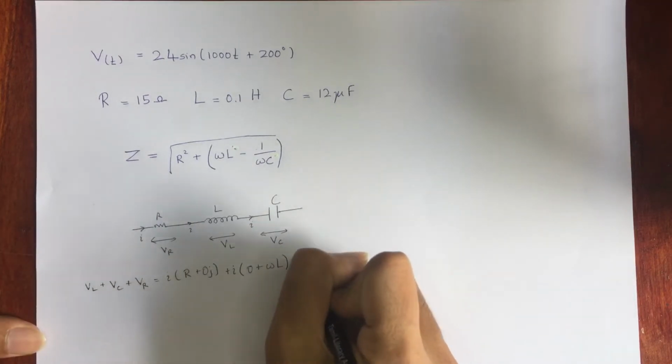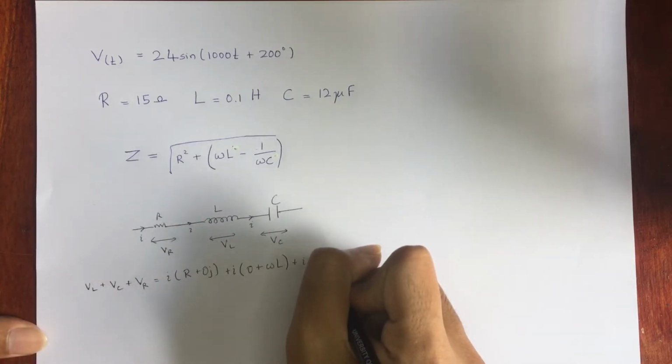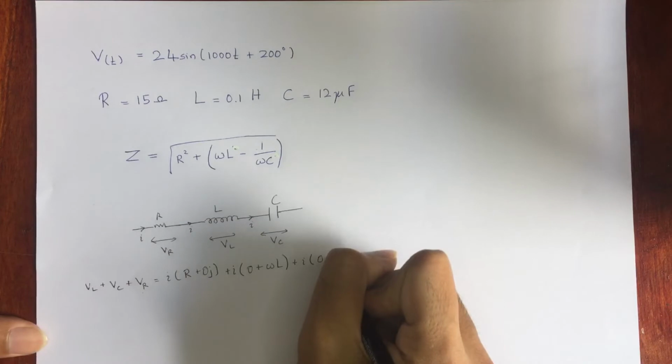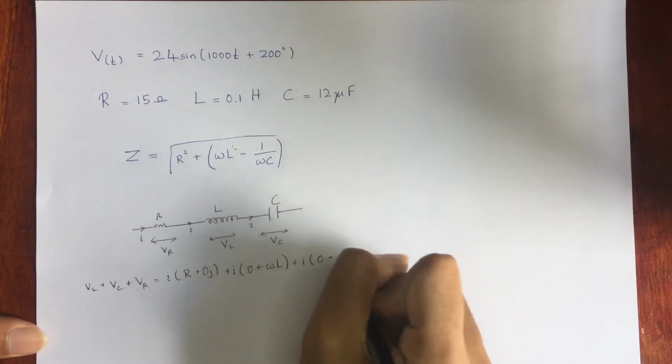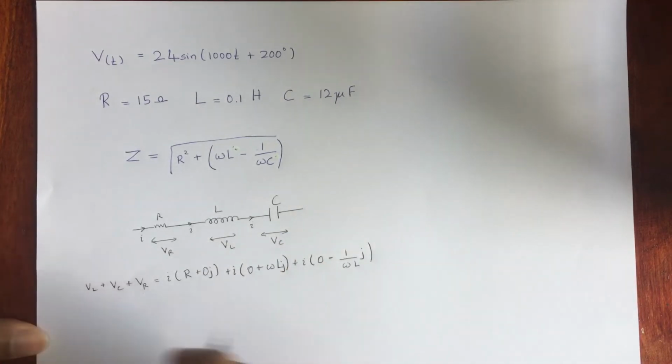Likewise, for the capacitor, we can directly write I into 0, and be careful, it's going to be minus 1 over omega C into j. So this is the equation.